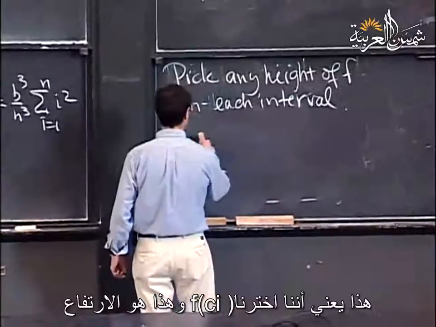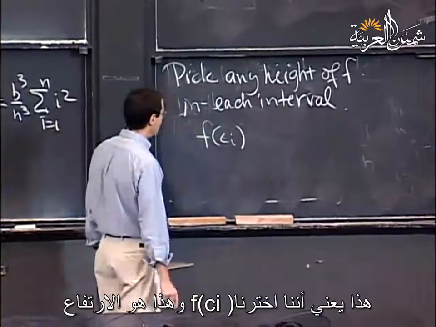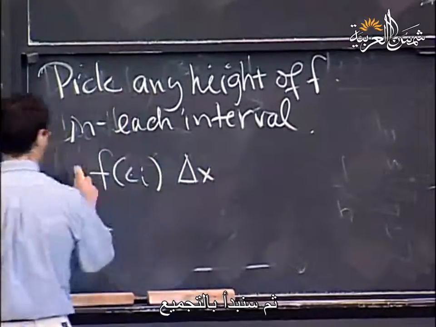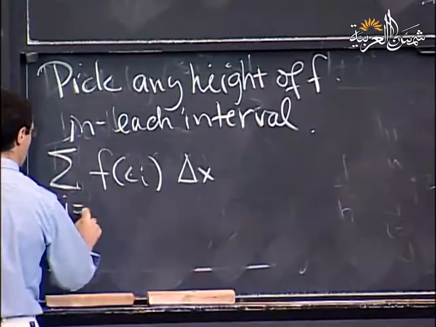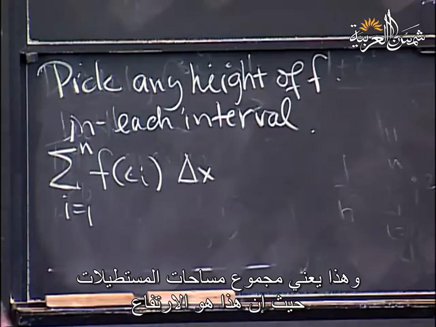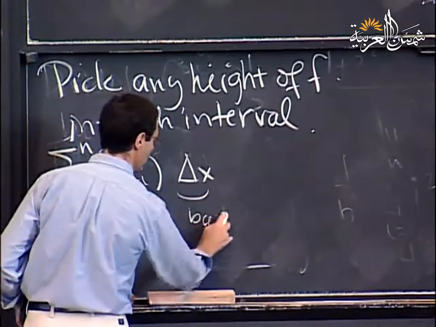So that means we're picking f of c_i, and that's a height. And now we're just going to add them all up. This is the sum of the areas of the rectangles, because this is the height and this is the base.